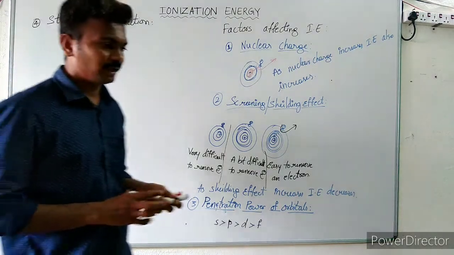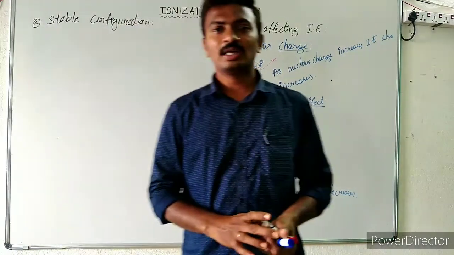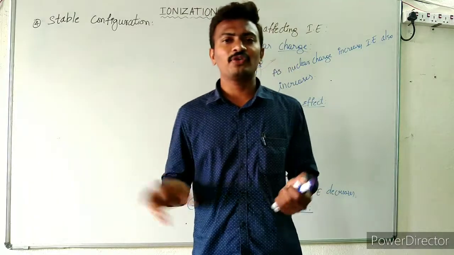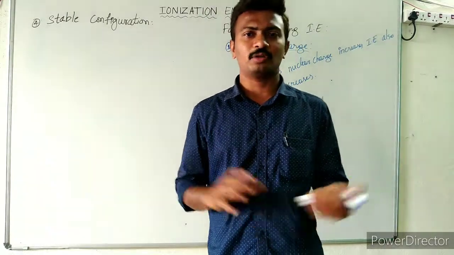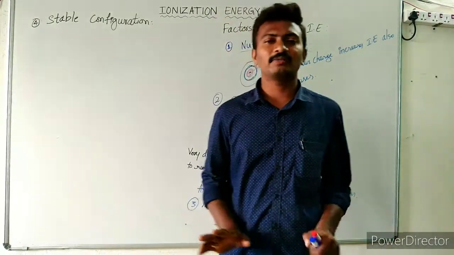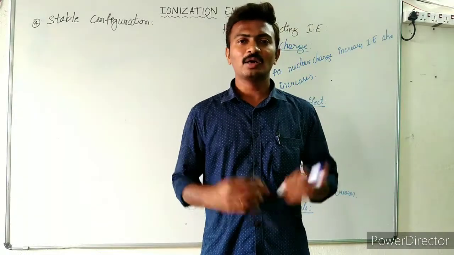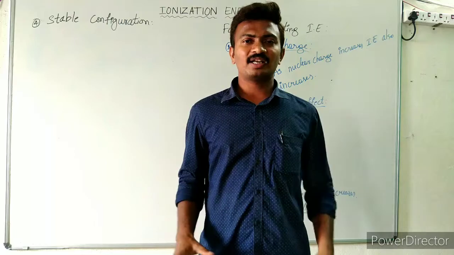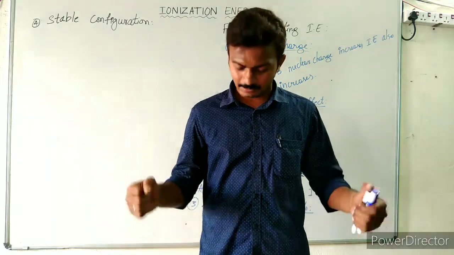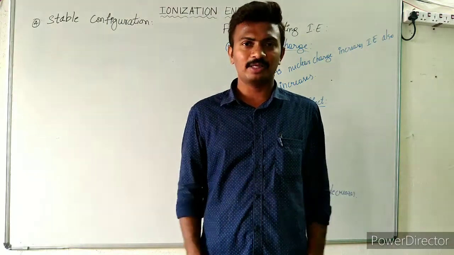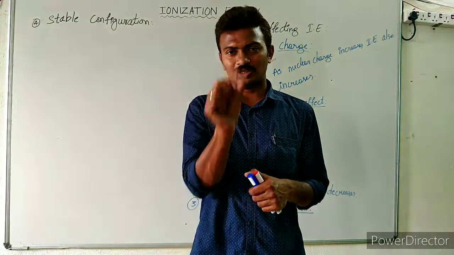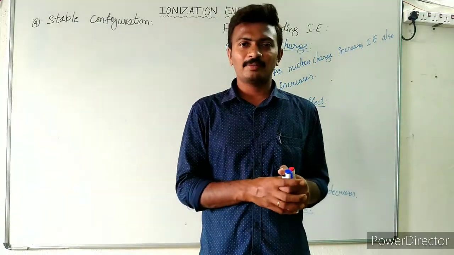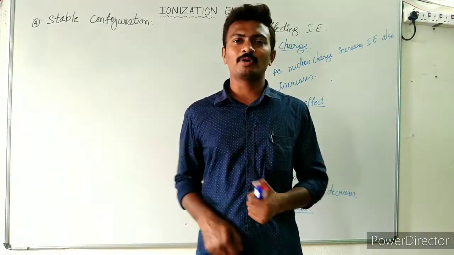See, if you take the electronic configurations, the half-filled and full-filled configurations are stable because of symmetry. So we are standing stable. Why? Because our body weight is symmetrically weighed by these two legs. If one leg is very thin and if one leg is very fat, that leg can't weigh our body.